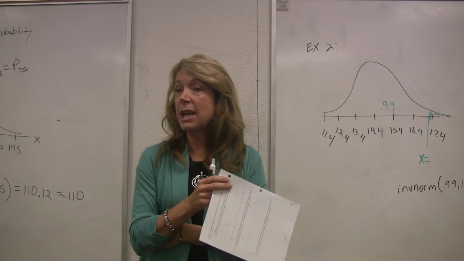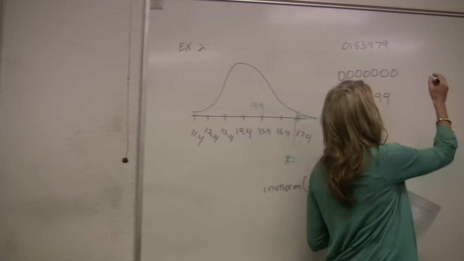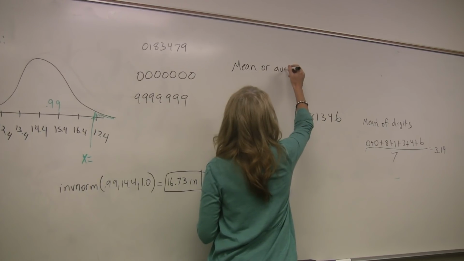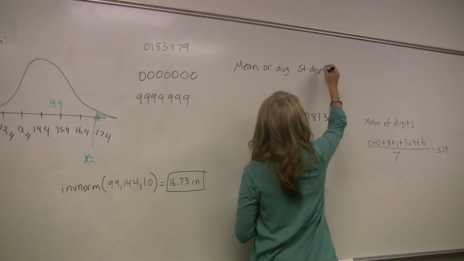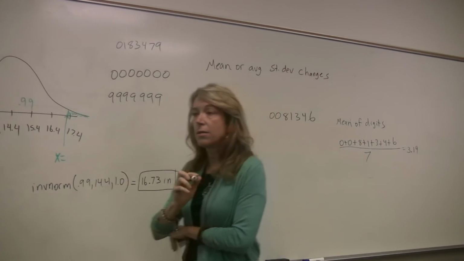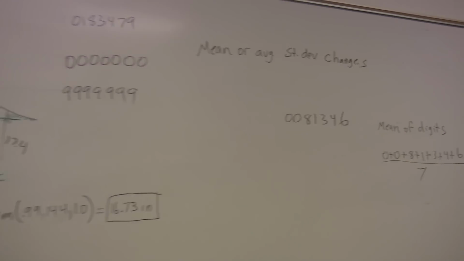What happens though is your standard deviation changes when you take a mean. When you look at a mean or an average, standard deviation changes. So let's talk about what I mean down there. The central limit theorem, down at the bottom of the page.